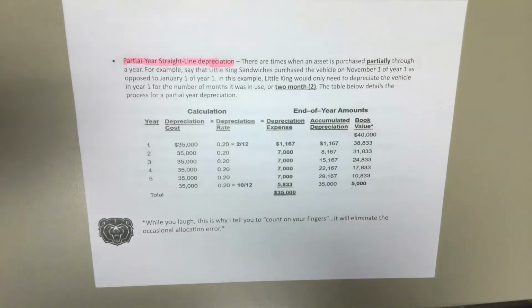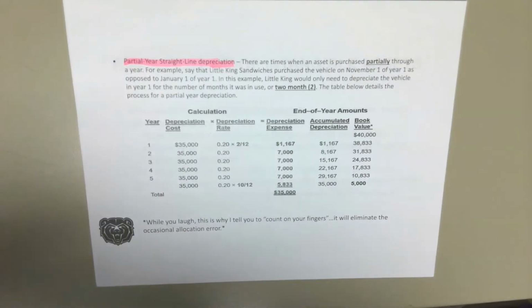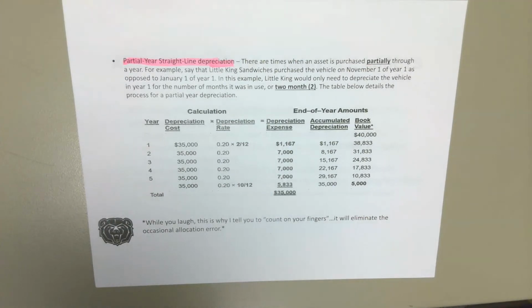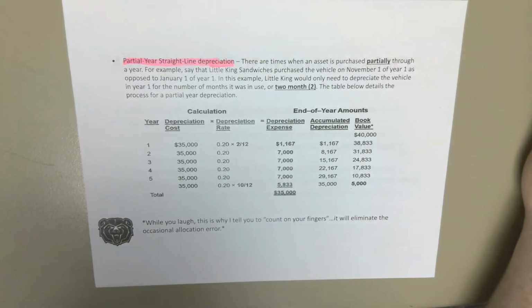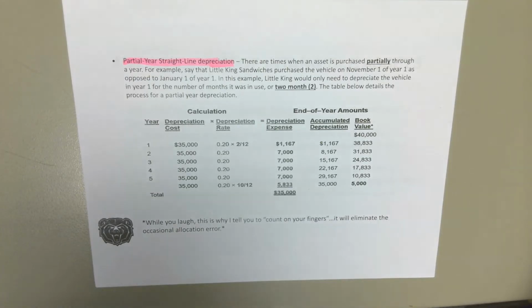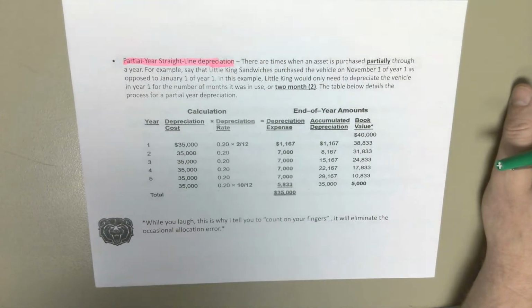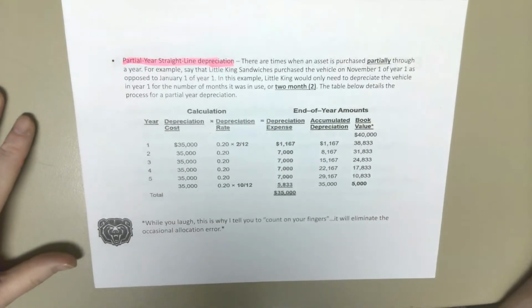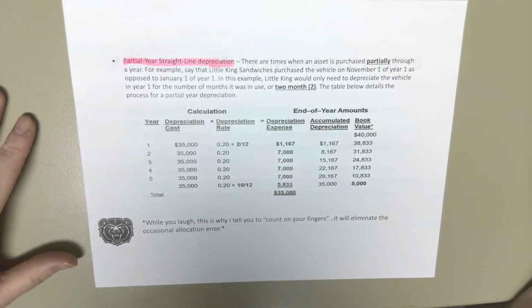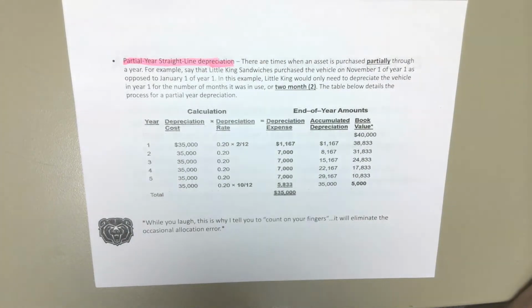Let's say that you run your business based on a calendar year, and you buy an asset in March, right? You don't own that for 12 months, so you can't depreciate it for 12 months. What you do own it for is some part of that year, right?